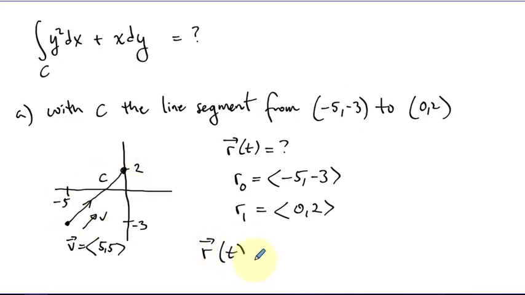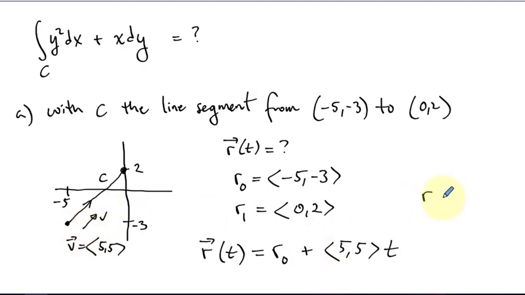So the way to build a parameterization of that line, knowing an initial point and a terminal point, is you could just say start at the initial point, and then add to that some fraction of the direction vector.